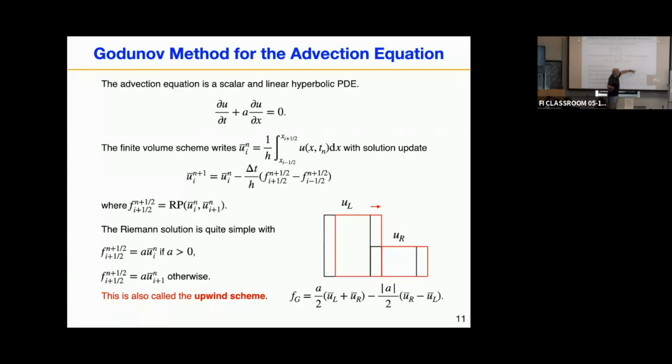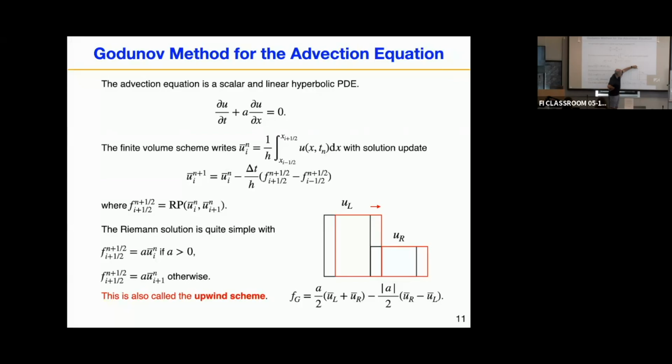So in black, that's your initial, piecewise constant left and right cell. And what is the solution to this Riemann problem for the advection equation? It's trivial. You just move to the right at velocity A. And so the red solution is the solution to the Riemann problem. And you see now that the flux that you have to take at this boundary between the left and right cells is actually the left value, because you move to the right.